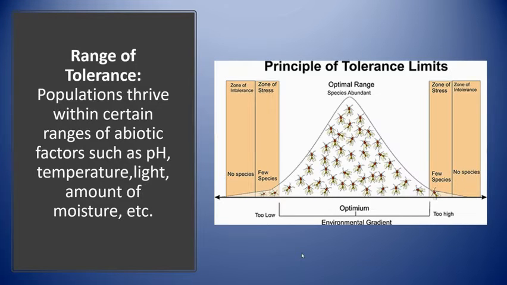And this is true for any sort of abiotic factor, such as temperature, which is especially true for terrestrial biomes, as well as aquatic biomes. Light affects both terrestrial and aquatic biomes. Amount of moisture, of course, is just for terrestrial biomes, and of course there are plenty of other abiotic factors as well.